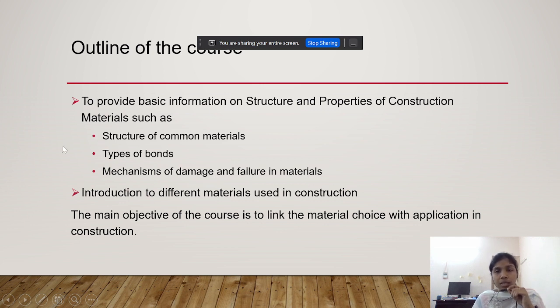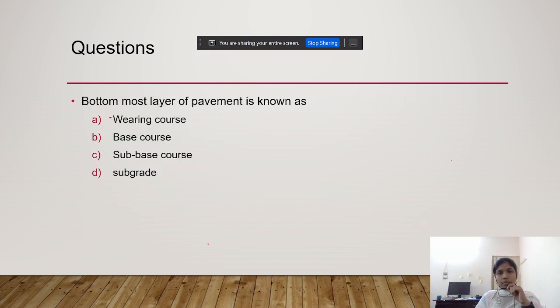This we have seen in the first 3 weeks of the course, and the second part, from the 4th week till the 12th week, deals with an introduction to different materials used in construction. The prime objective of the course is to link the material choice with applications in construction. So I'm moving to the questions now.